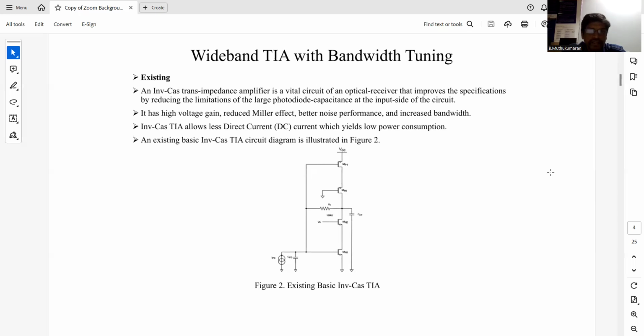In this existing topology, we cannot tune the bandwidth. The bandwidth is fixed in the existing TIA. So with the help of the inverter-cascode TIA, I am going to design control voltage tuning and fixed capacitor tuning for biomedical applications.